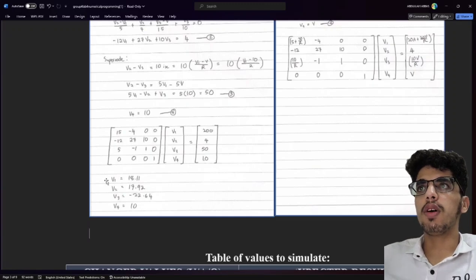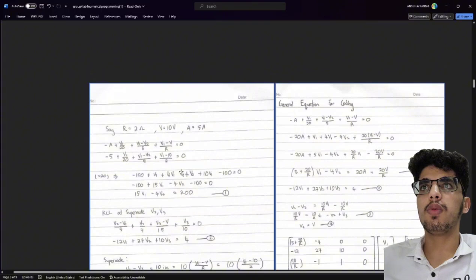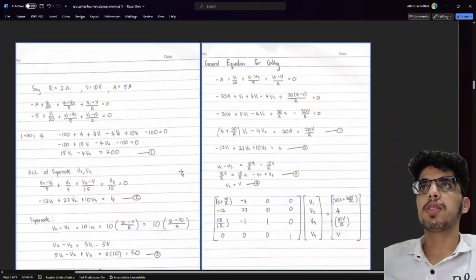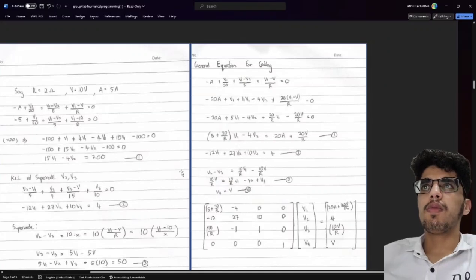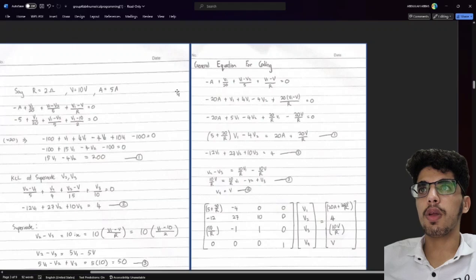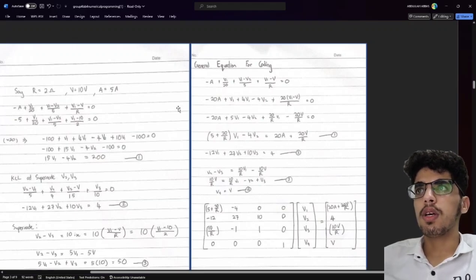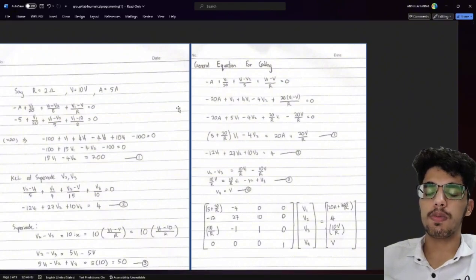General equation for coding: minus E plus V1 over 20 plus V1 minus V2 over 5 plus V1 minus V over R equals 0. Minus 20A plus V1 plus V plus 4 V1 minus 4 V2 plus 20 V1 minus V over R equals 0.